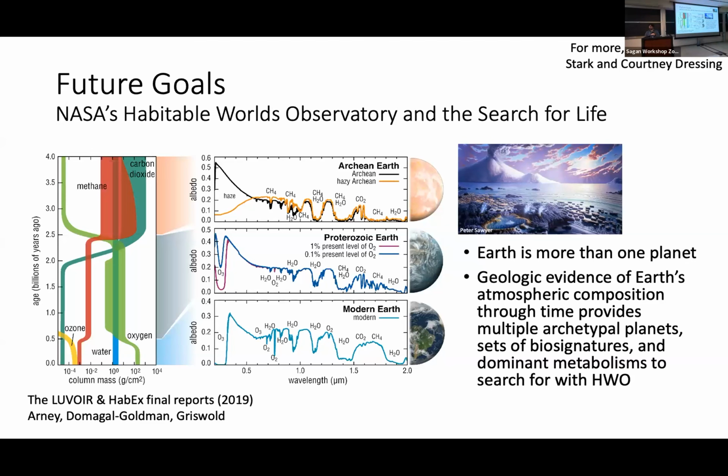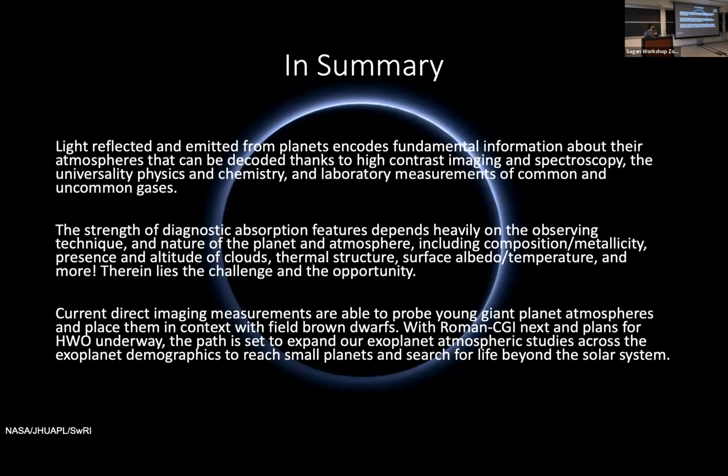So, all right, with about 5 minutes left, I'm going to put my summaries up here and say that we've taken a look at the reflected and thermal emitted light from planets and how it encodes fundamentals about the atmospheres that can then be decoded thanks to high contrast imaging, the universality of physics and chemistry, and lab measurements that help us fill in the pieces using knowledge on common and uncommon gases.